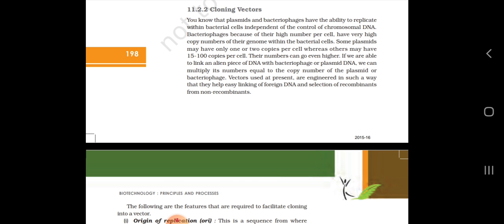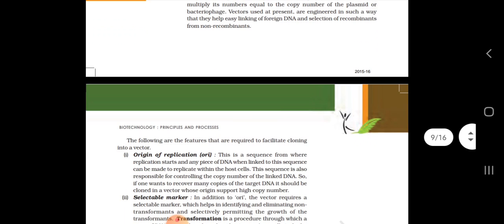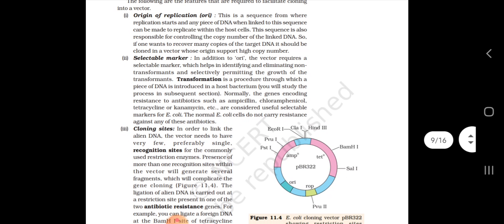So, now what are the basic features of a cloning vector? The first basic feature, if you go through the figure given in the book, is the origin of replication. What is origin of replication? Origin of replication is a DNA sequence which is responsible for initiating or starting the replication.